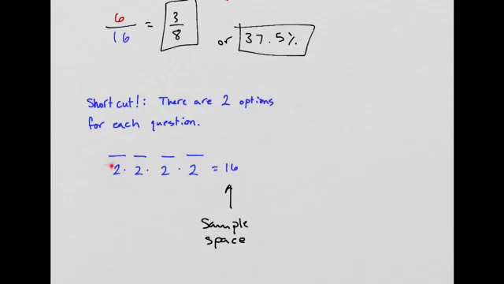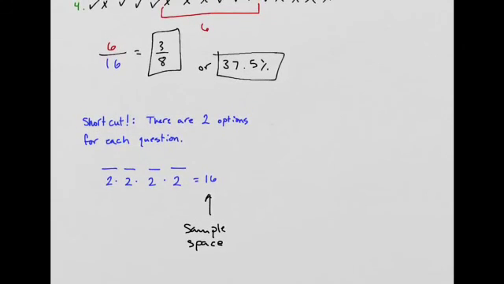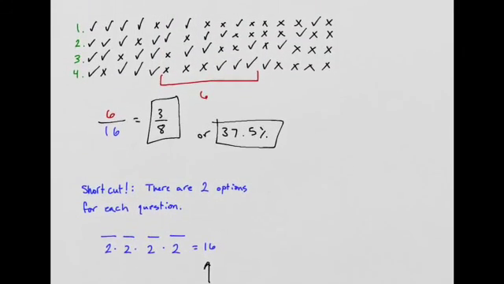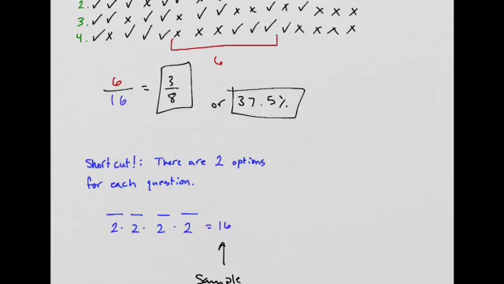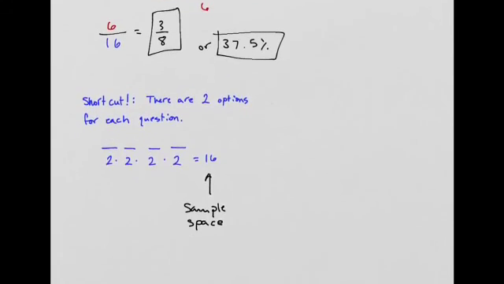There's only 2 options for this one, but also 2 for this one, and 2 for that one, and 2 for that one. So you just multiply, and that's 16. That's the shortcut to calculate the sample space, the total number. If you have this many options in this many ways, you just multiply those 2 numbers together. So there we go. Goodbye.